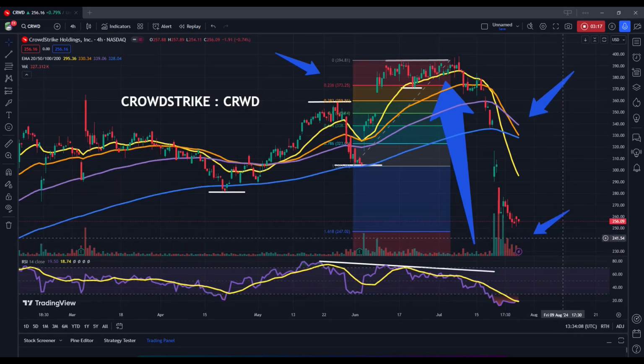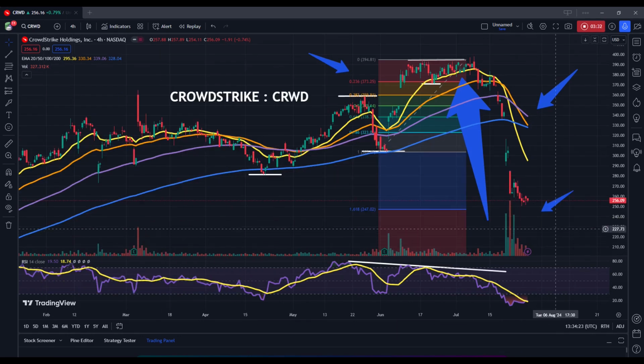I'll go over some of the things I'm looking for to see what would actually be needed in order to pull the trigger and enter another position from the bullish perspective once again. One of the things I'm looking at is the trading volume activity itself.